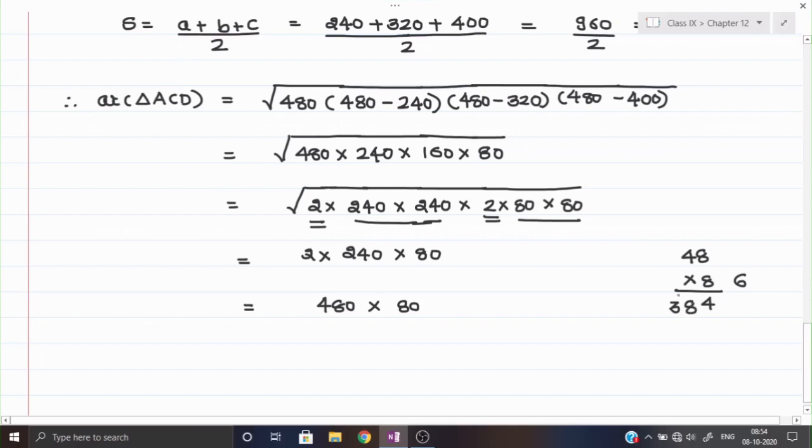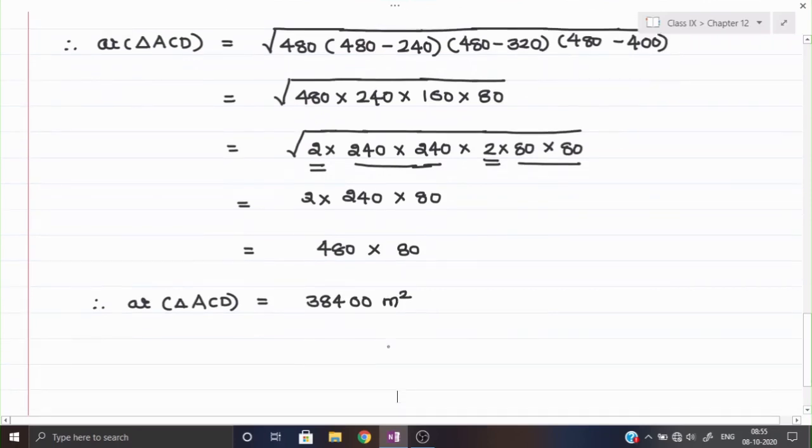Okay, so 384 and 2 zeros will come. So we will say that therefore area of triangle ACD is equal to 38400 meter square. Okay, this is the area we got for triangle ACD.